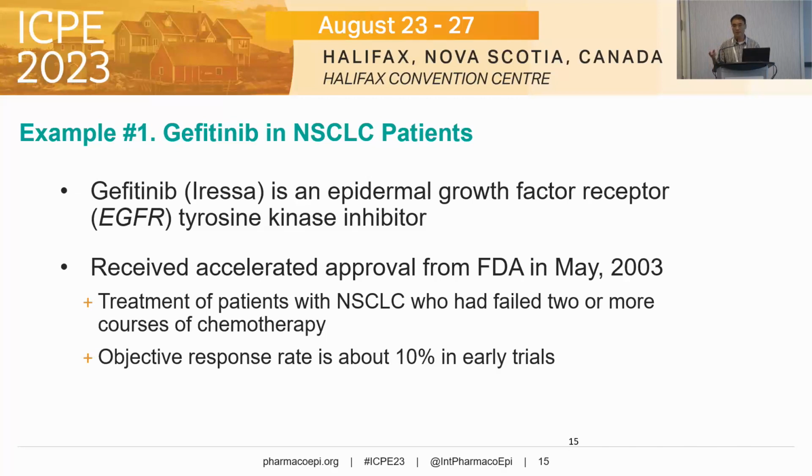That means there was a huge unmet medical need, because after a patient failed chemotherapy at that time, there were no options. Also, historically the response rate was very low, and in the early trials the objective response rate was about 10% for gefitinib.